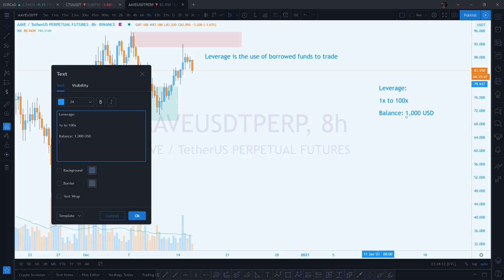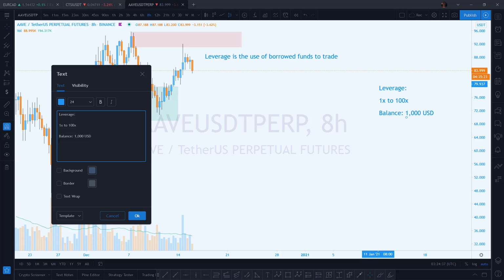It basically means you are borrowing nothing. Multiply the amount you have by the leverage of 1x, so your $1,000 balance will still be $1,000. So whenever you use 1x, it's basically like spot trading, with the difference of paying funding and interest.